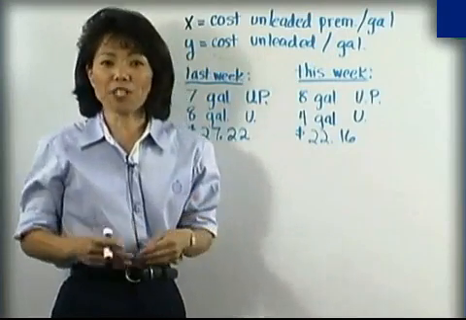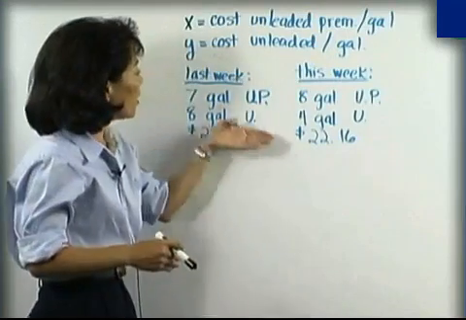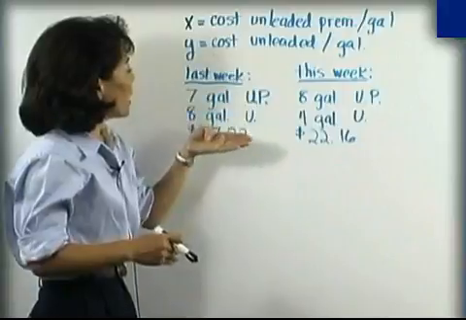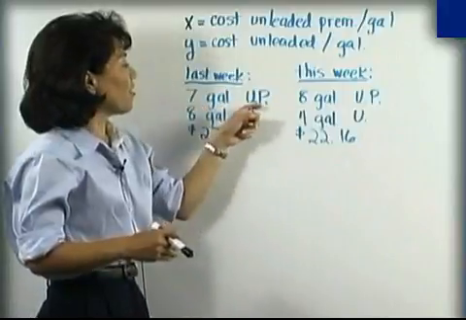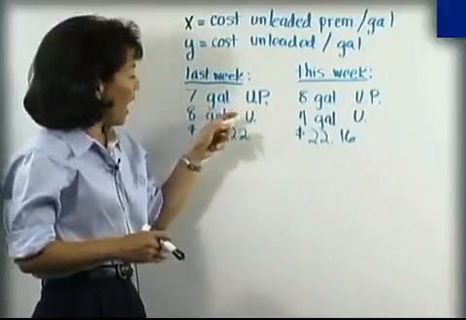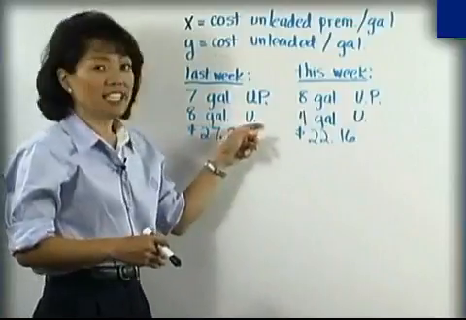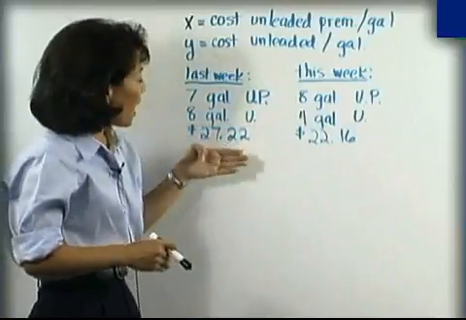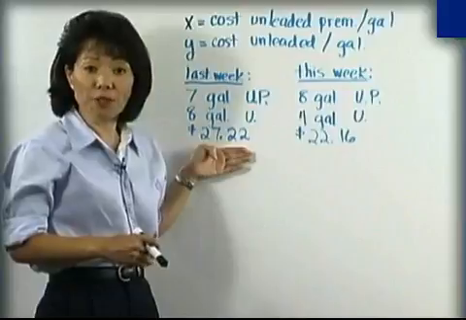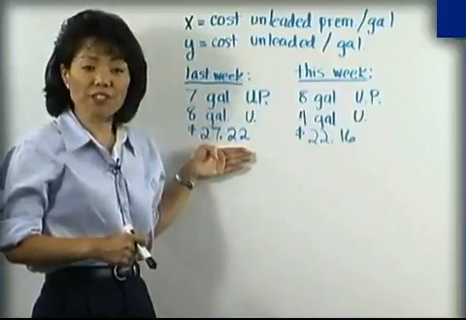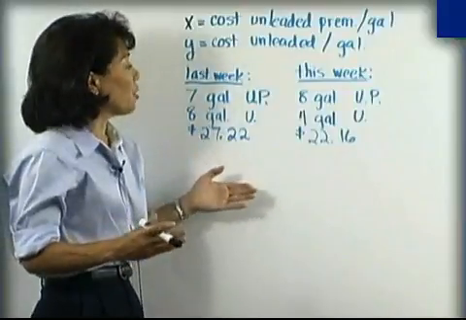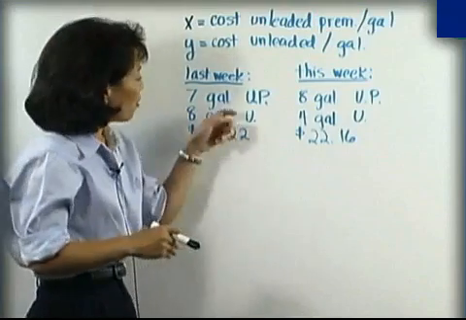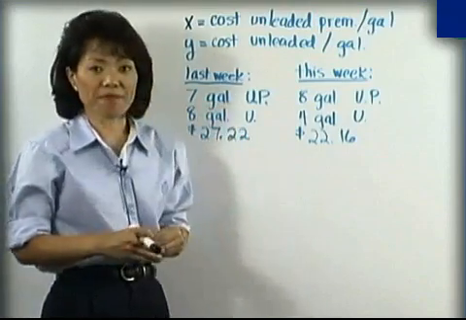Now, what else do we know in this problem? Well, we know that last week he purchased 7 gallons of unleaded premium and 8 gallons of unleaded regular, and he spent a total of $27.22. He doesn't know, though, how much he paid for each type of gasoline.